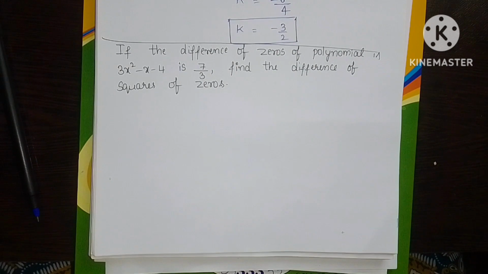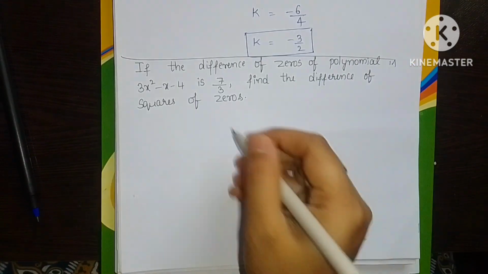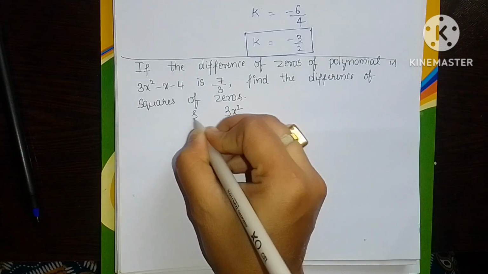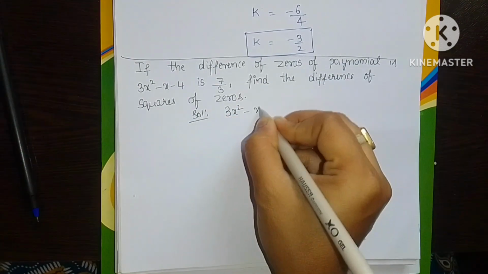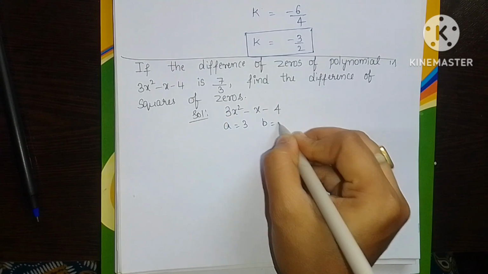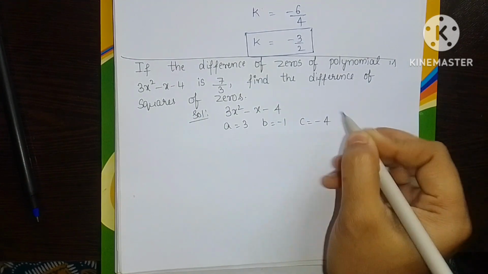The question they have given is: if the difference of the zeros of the polynomial 3x square minus x minus 4 is 7 by 3, find the difference of squares of the zeros. So here the given polynomial is 3x square minus x minus 4. a is 3, b is equal to minus 1, c is equal to minus 4.